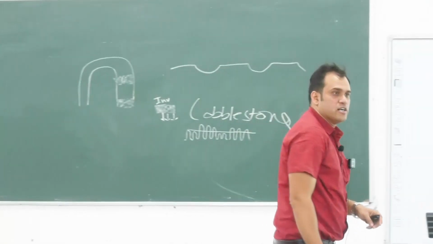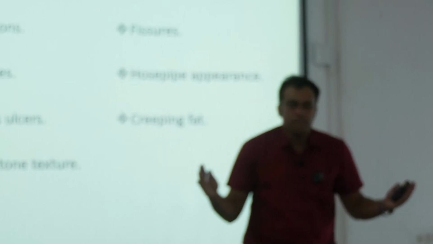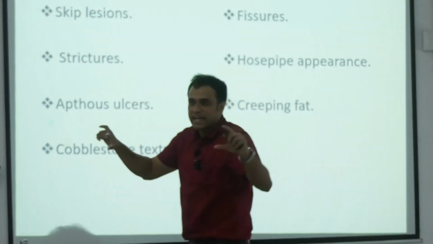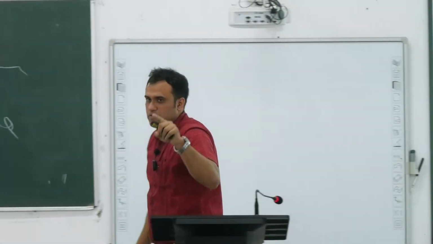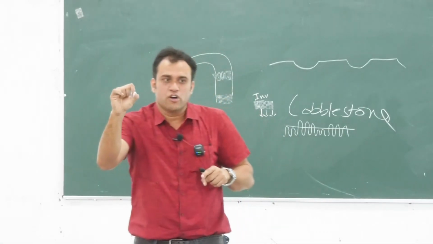Then comes stricture. Extensive areas of edema, because of inflammation there will be edema, submucosal fibrosis, hypertrophy of the muscularis propria. They will all cause thickening of the wall. To a certain extent, it has been equated with a hose pipe. Finally, giving rise to stricture of the lumen.